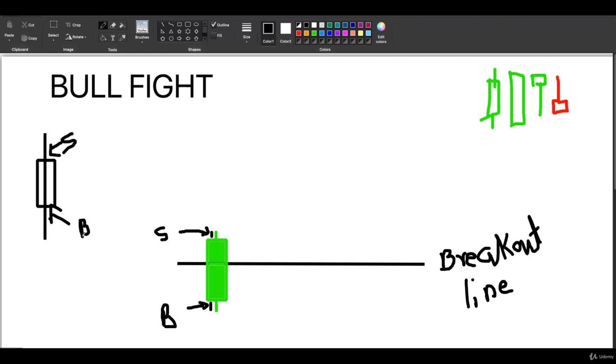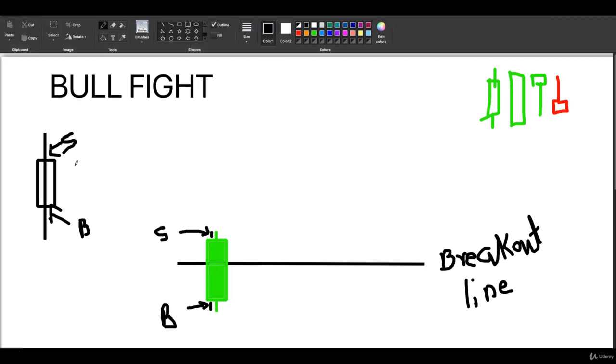Lots of students get confused in this part, which is very simple. So note this point in your notebook: in an ordinary wick, irrespective of a bullish or bearish candlestick, the upper wick represents the presence of sellers and the lower wick represents the presence of buyers. It can be a bearish candlestick or a bullish candlestick.